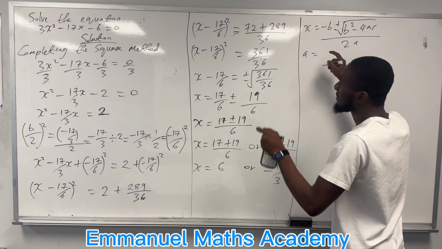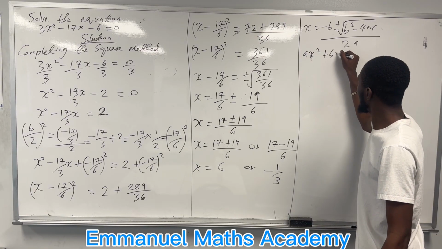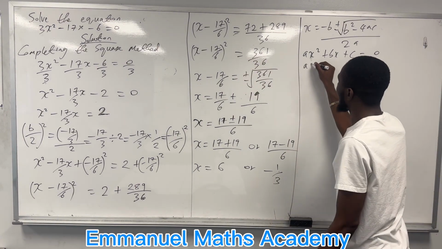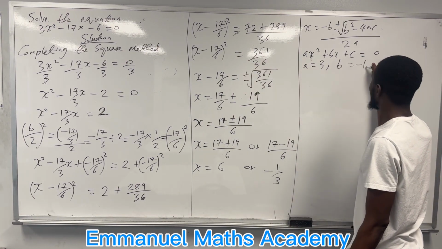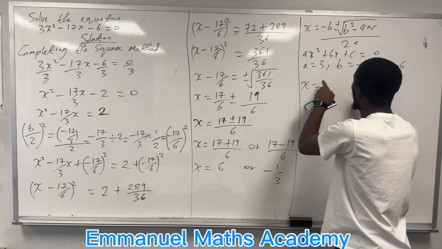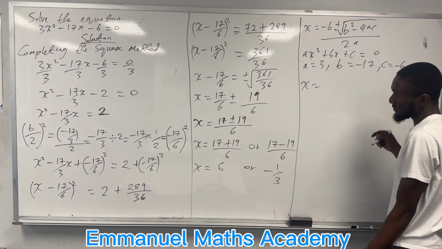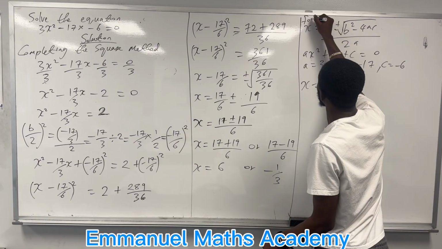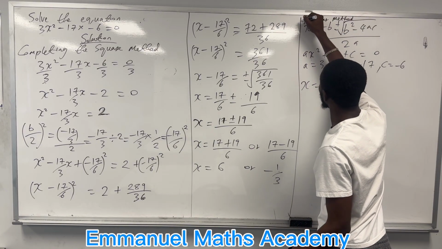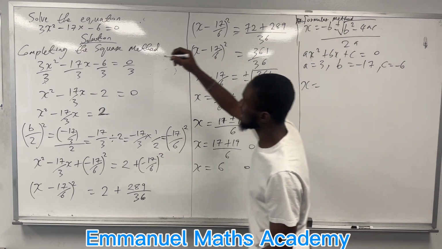Our a is 3, our b is minus 17, our c is minus 6. So we call this the formula method.